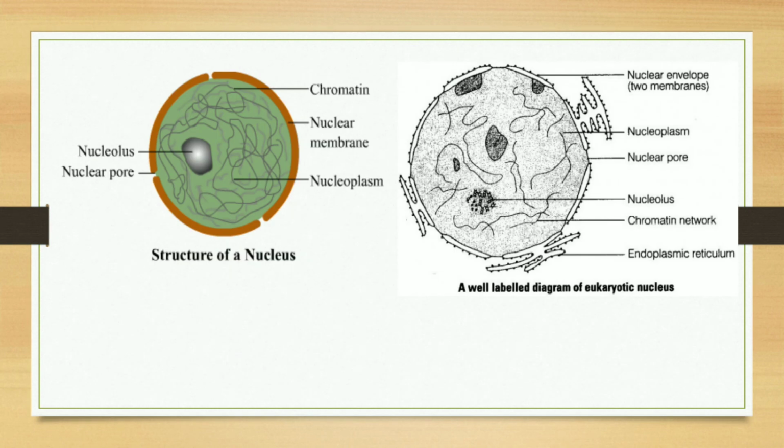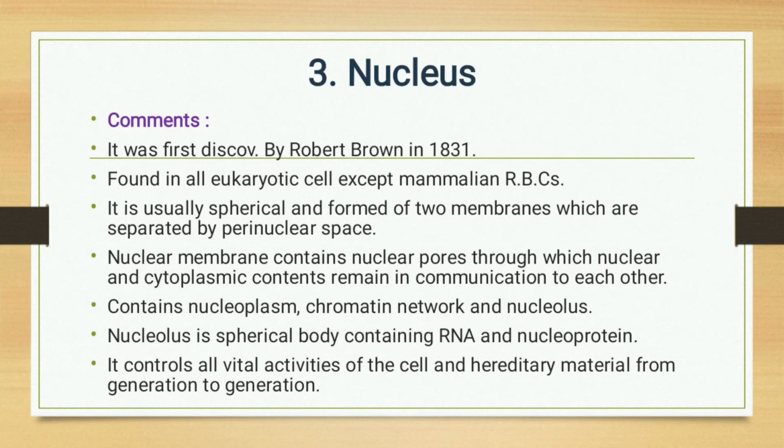See this picture. Here we see the nucleolus, a darkened body, then chromatin material, then nucleoplasm, which is a jelly-like substance present on the inner side of the nucleus. The nucleolus is a spherical body containing RNA and nucleoprotein.